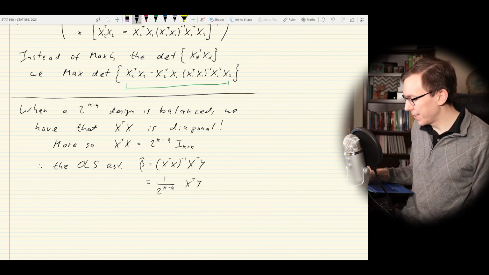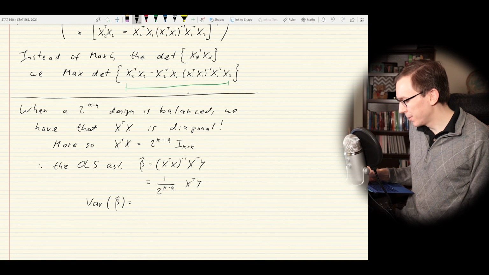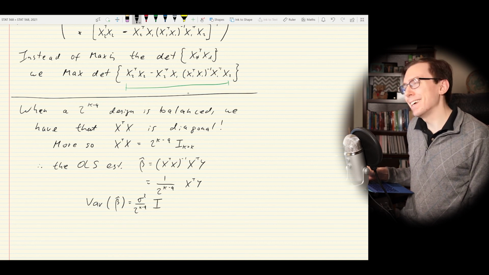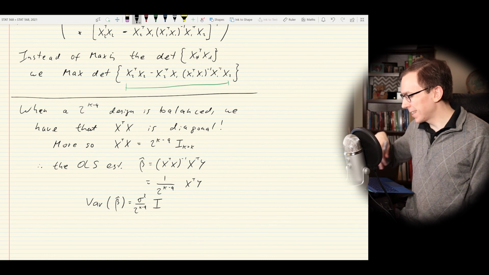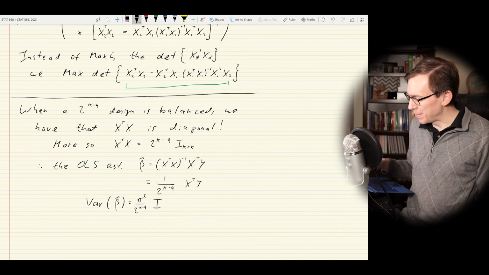And when we consider the variance, which I wrote up above, the variance of beta hat is now going to just be a constant times an identity matrix. It's going to look like sigma squared over 2 to the k minus q, times the identity. Yeah, it's going to be a big matrix.